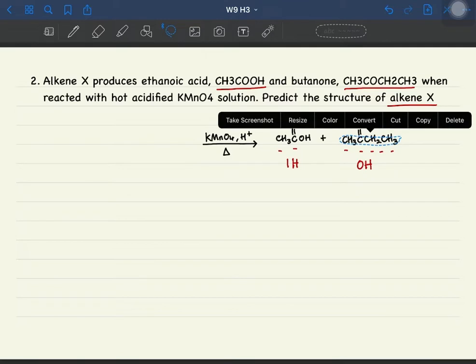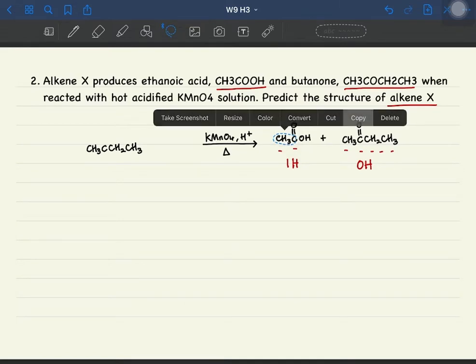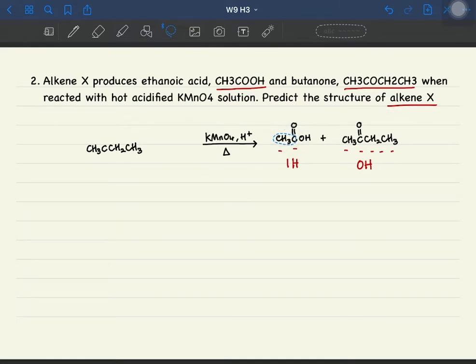Okay, I'll just copy them and bring it here. So we have this carbon chain, and then we're going to combine it with this. So make sure you combine them at the right place. So it should be in here.